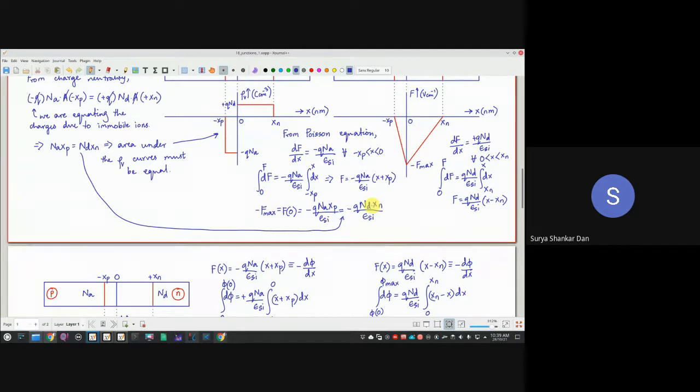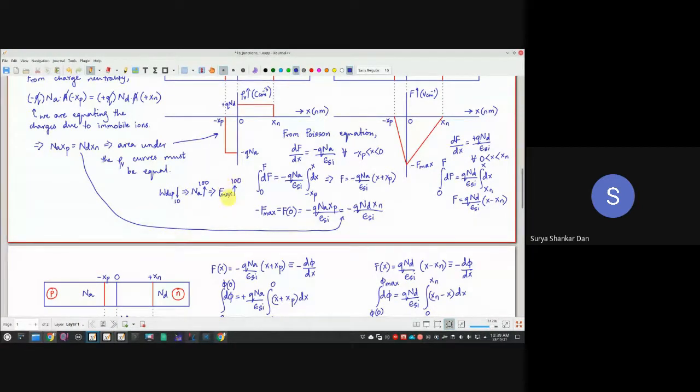Correct? So if you want to scale the device, you think, I want to reduce the W depletion by 10 times. That means you have to increase Na by 100 times. What does this relation imply? Fmax also increases by 100 times.